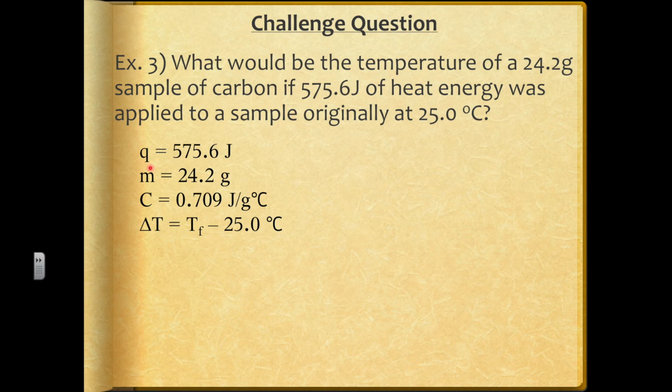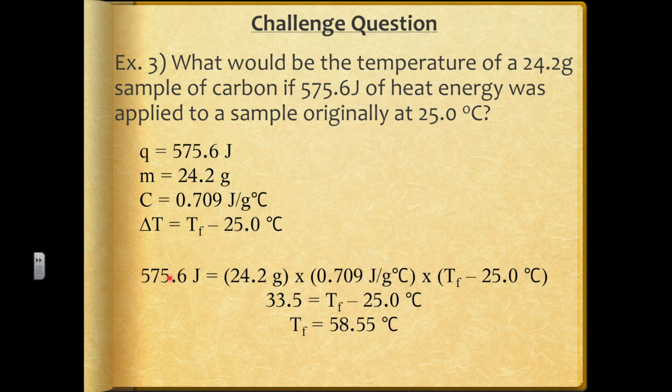So check it out. You have your known information here. Now we know everything except we kind of know half of our change in temperature. We know that we don't know the final temperature, but we do know the initial one, which is 25 degrees Celsius. So I'll still input it algebraically, and I have everything, and I'll just solve for Tf.